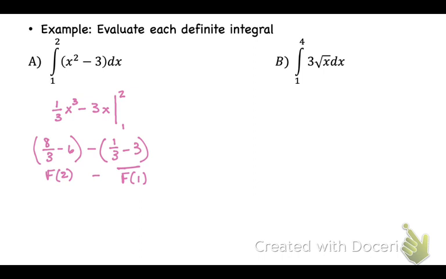Okay, so 6 would be 18 over 3, wouldn't it? So that would be negative 10 over 3. And 3 would be 9 over 3. So it'd be negative 8 over 3, but then it would be positive because of the negative out there. Negative 2/3.